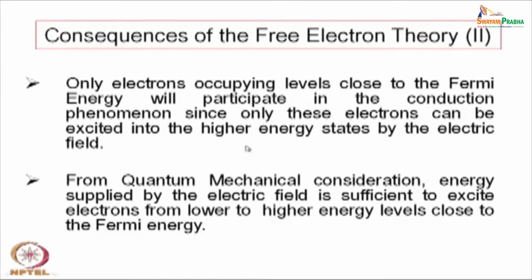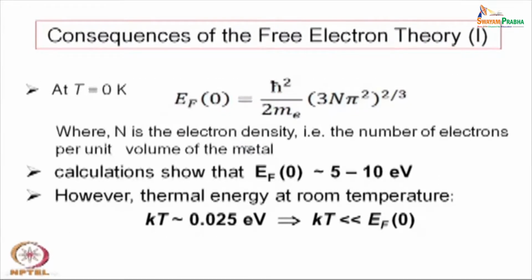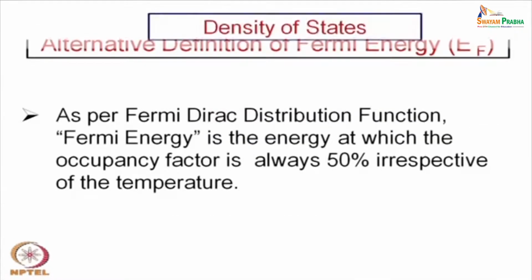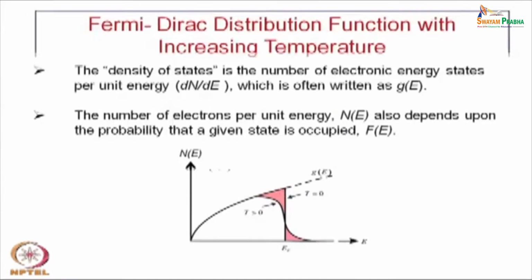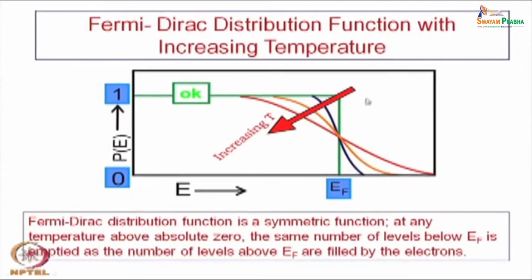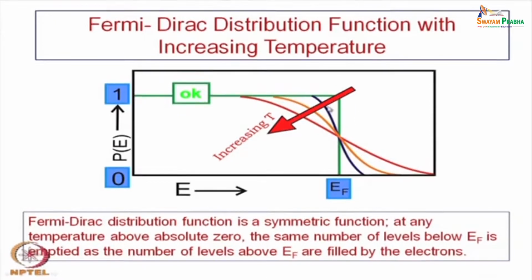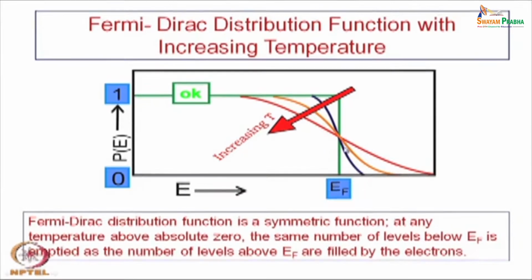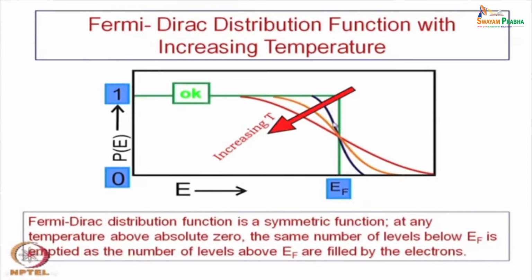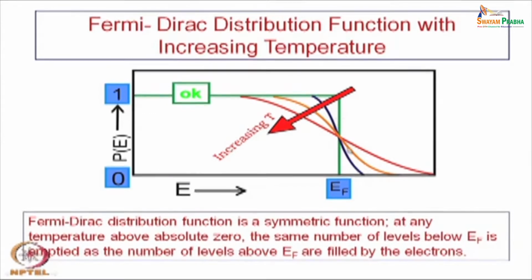We have also seen in the Fermi-Dirac distribution function that as temperature is increased, or more thermal energy is delivered to the system, electrons very close to the Fermi level get excited.